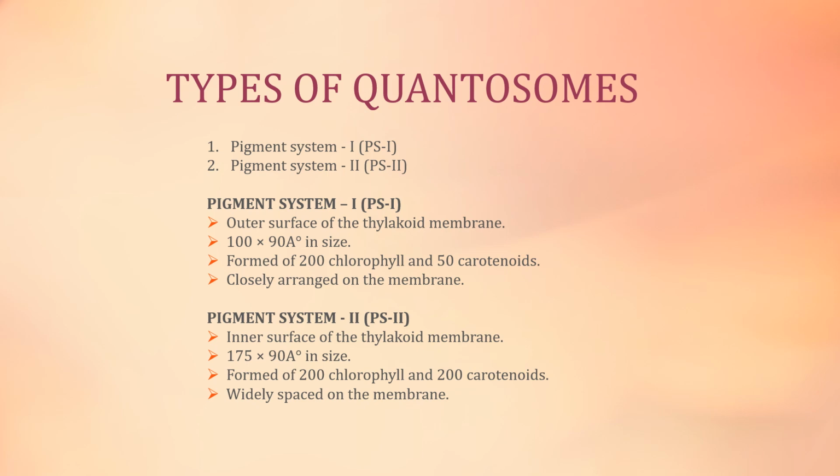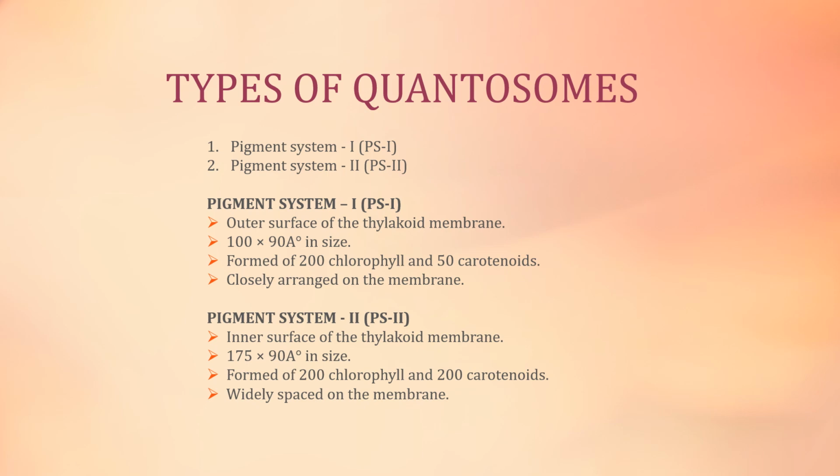Types of quantosomes. There are two types of quantosomes, pigment system 1 and pigment system 2. Pigment system 1 is found on the outer surface of the thylakoid membrane. It is 100 by 90 angstrom in size and is formed of 200 chlorophyll molecules and 50 carotenoid molecules.